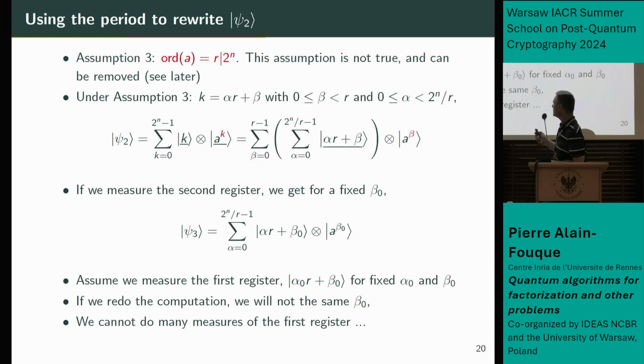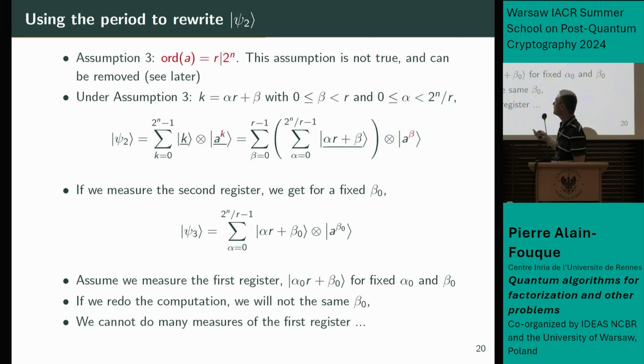Okay? So one thing we can do is try to redo the whole computation and do exactly the same kind of algorithm. However, we will not be sure at the end that we'll get the same value beta for the two different iterations of the algorithm. And so it's not very easy to have two different states here with the same beta 0.